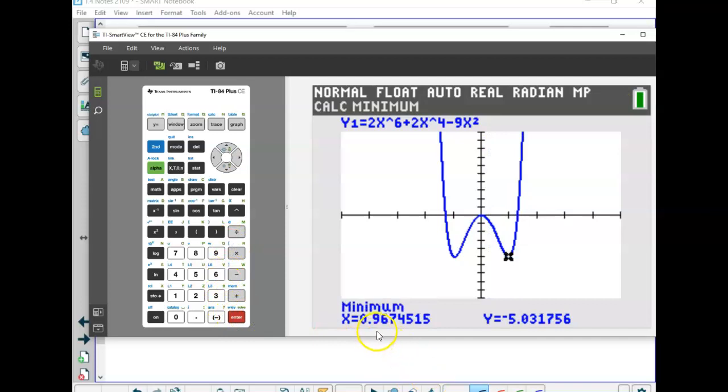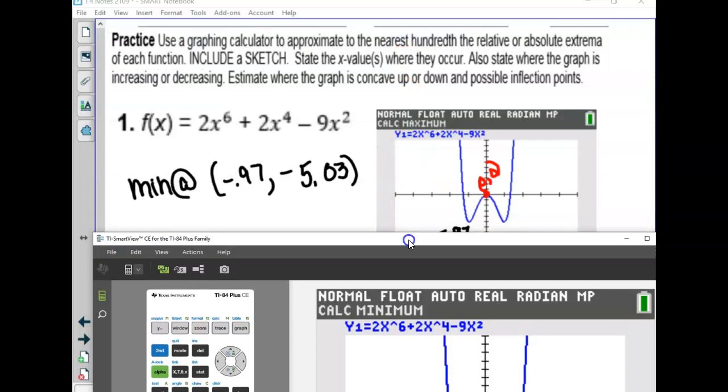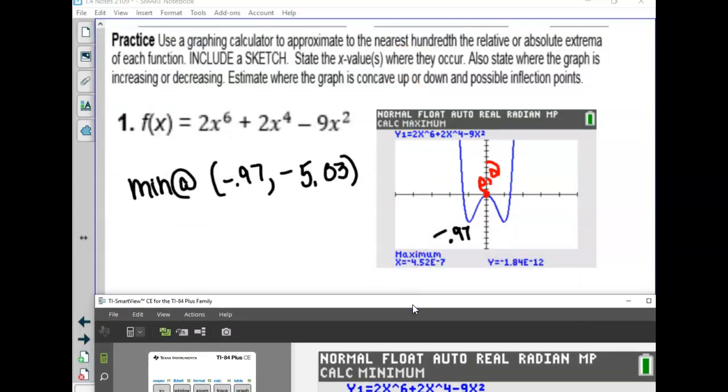And I get 0.967 and -5.03. Does that make any sense to anybody? This certainly looks like it has what kind of symmetry? Y-axis symmetry, which would make it an even function. Very good.